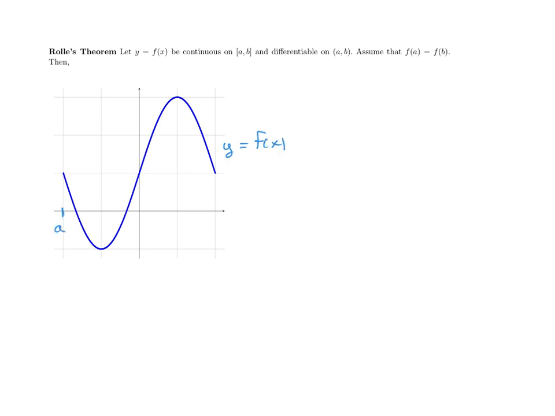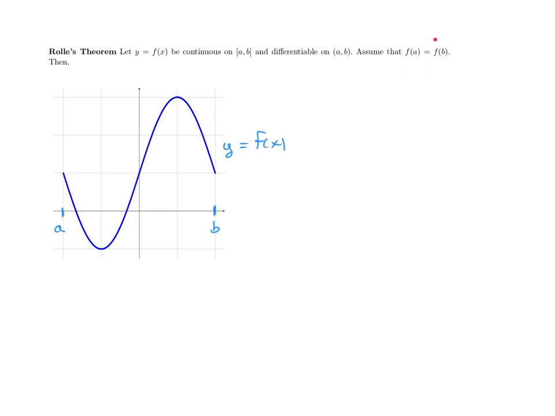Here's my starting point of a. Here's the ending point of b. So continuous function, differentiable inside this interval. But with Rolle's theorem, we're going to add in an extra condition. So we're assuming continuity, we're assuming differentiability, just like the mean value theorem, but we're further going to assume that f of a is equal to f of b.